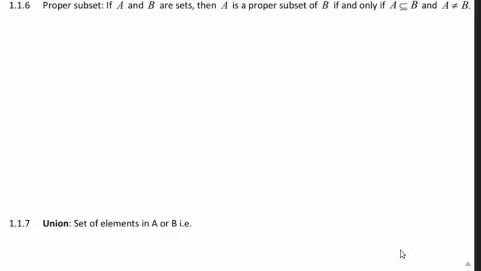Subsection 1.1.6, proper subset. If A and B are sets, then A is a proper subset of B if and only if A is a subset of B, but equality is denied. Interesting. Let me give you a quick example.